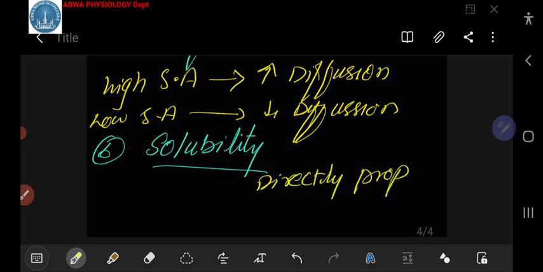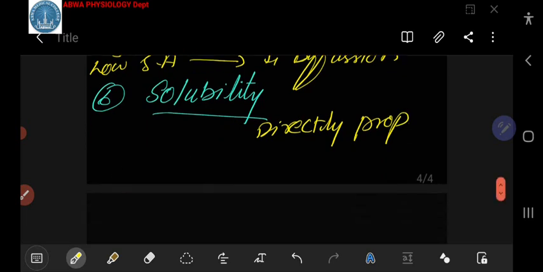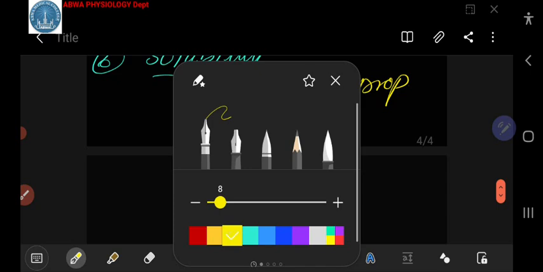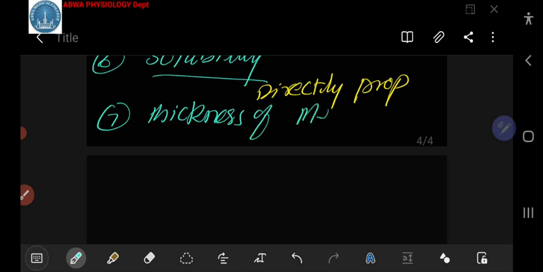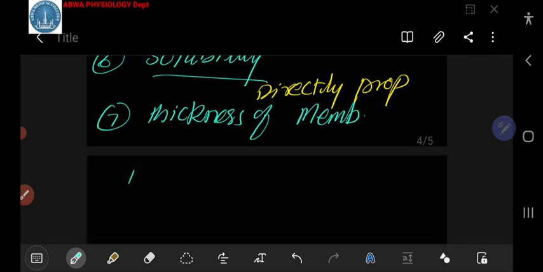Last but not the least, the thickness of the membrane. More increased thickness, decreased diffusion, and vice versa.